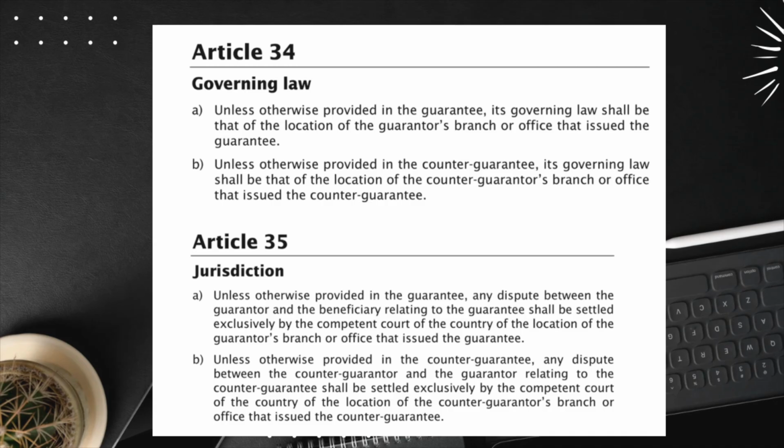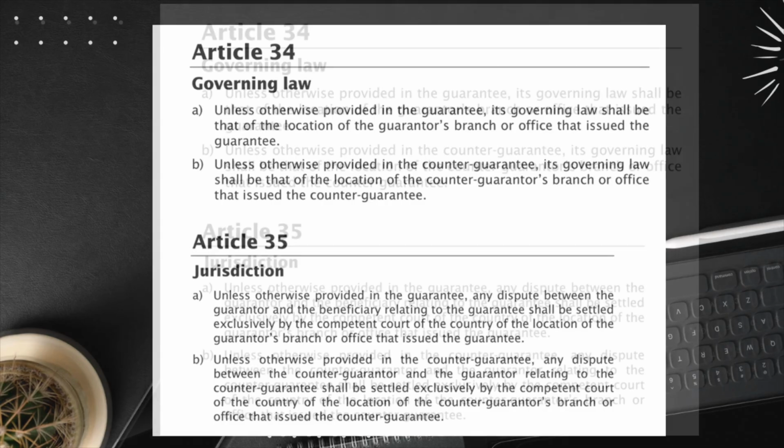Here is why Articles 34 and 35 are crucial. They help establish certainty for all parties involved, and they reduce ambiguity and potential delays in resolving disputes. Also, they align the legal framework of demand guarantees with international best practices. To summarize, in Article 34, governing law defaults to the location of the issuing bank or office unless otherwise stated.